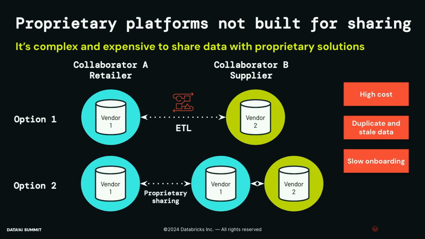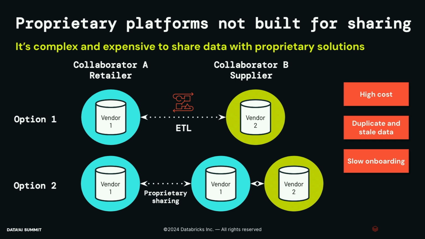The second option is that if vendor one provides a proprietary data sharing solution, meaning you can share data within their platform, then potentially the supplier could adopt vendor one as well. But the issue with this option is that it probably takes months of coordination with their IT, security, and procurement teams to adopt a new vendor.